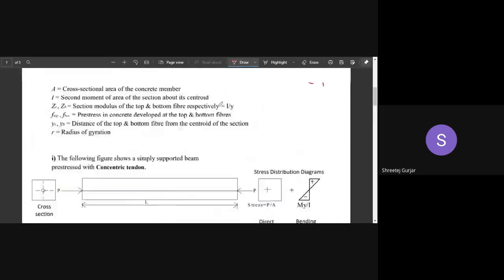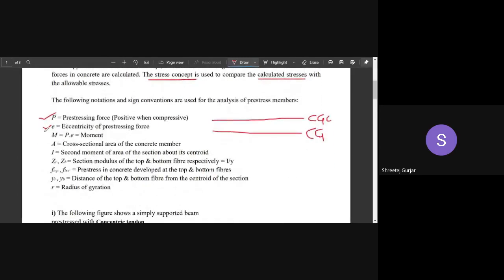Moving on to the next thing, that is moment. Moments are generated in your beam, maybe due to dead load or due to live load. And moments are also generated because of the pre-stressing force.